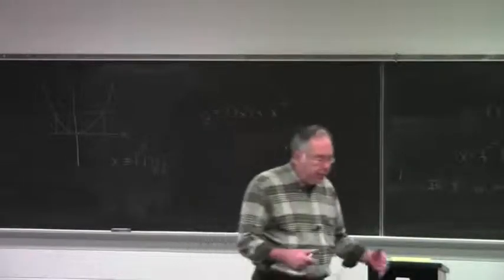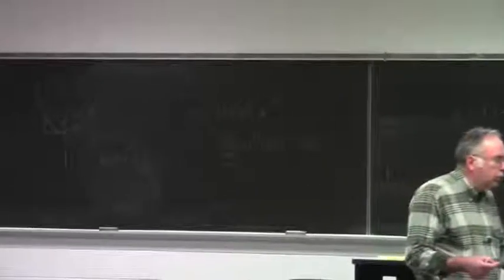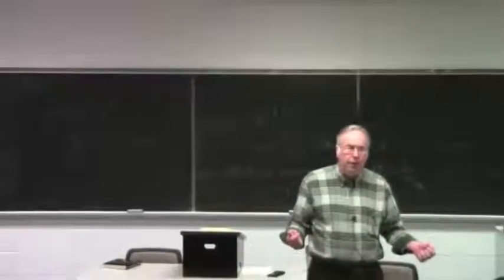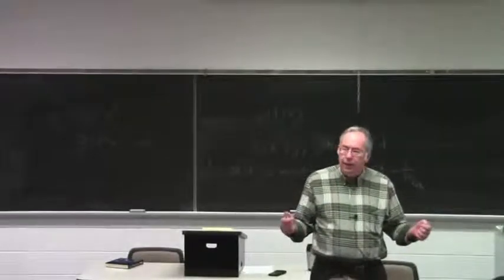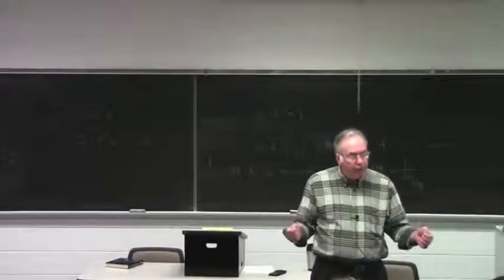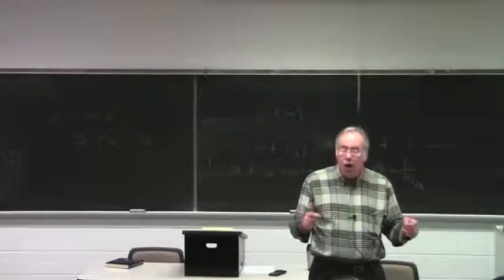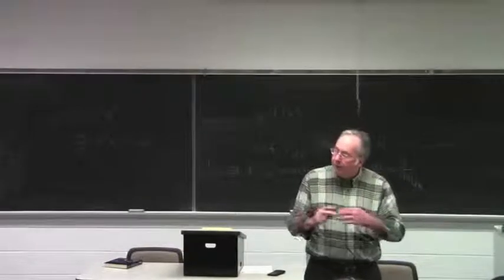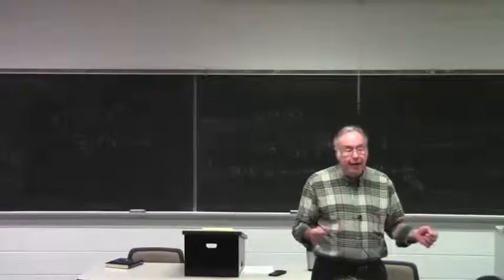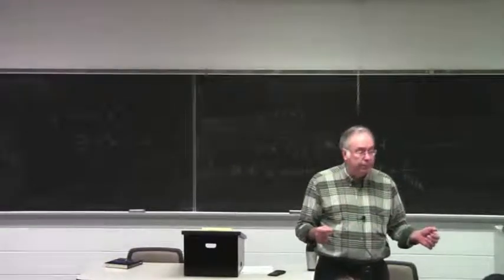For the function to be monotonic, what must be true about the derivative? Yes. For the function to be monotonic, the derivative must either always be positive for all values of x, or it must always be negative for all values of x. Okay.